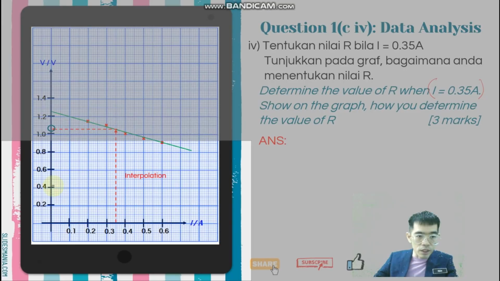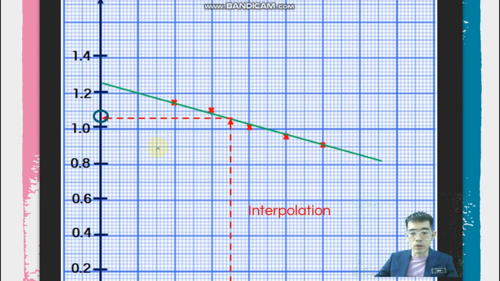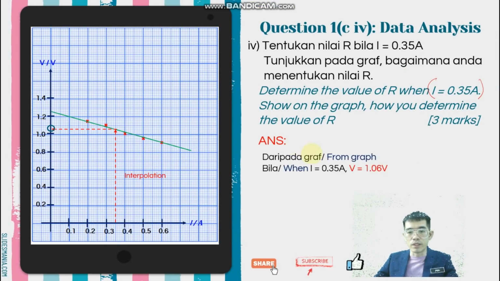We can zoom in and see this is the third box. One smallest box for the y-axis represents 0.02, so here it will be 0.06. So the answer from the graph: when I equals 0.35, after the interpolation, we get V equal to 1.06 V.